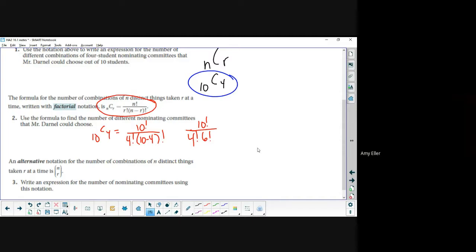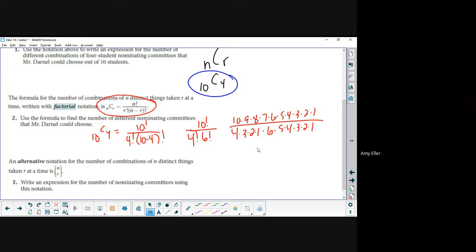Now, you are not always going to write this out, but I want to show you something. 10 factorial, I will write out. And I'll write out this also, 4 factorial times 6 factorial. I wrote it out so you could see exactly what's happening, and it saves you some time.